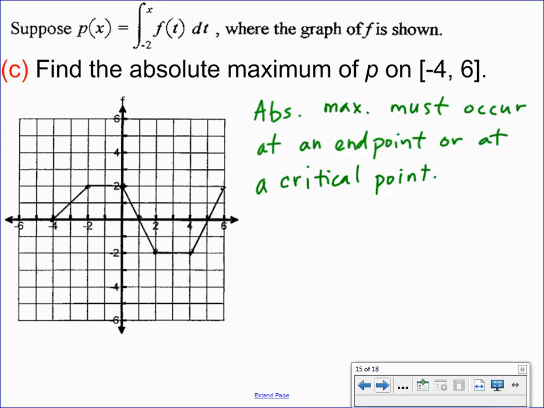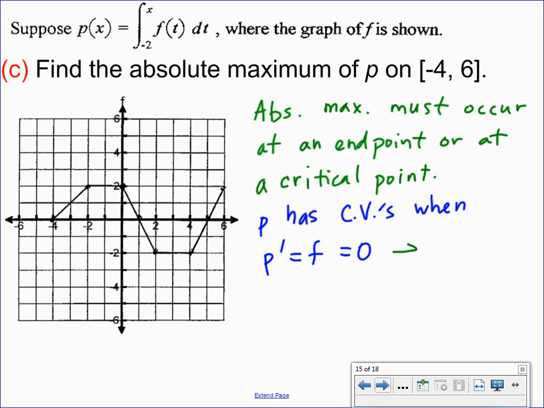It looks like P has critical values when P prime equals f equals 0.